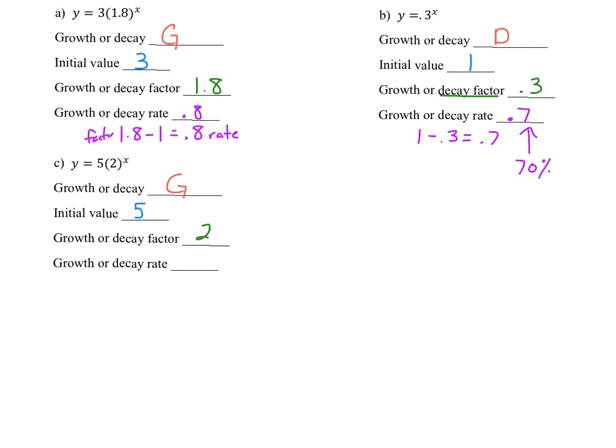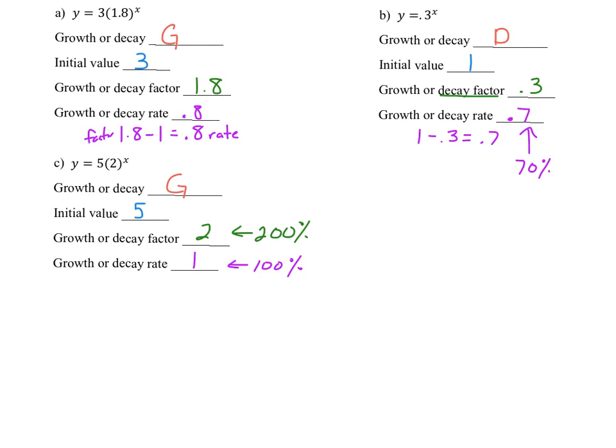So now the growth rate, again, so it grew. How did it go from 1 up to 2? Well, it increased by 1, right? So if you think about it, this 2 really represents that we have 200% now. If we always start with 100%, to get to that 200%, I had to add 100%, okay?